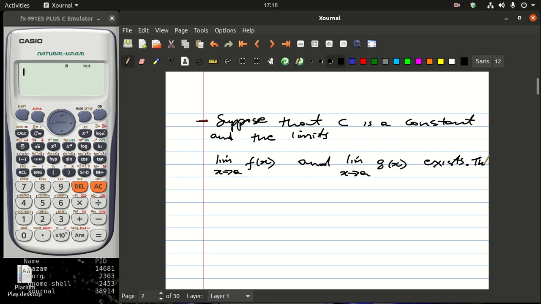Right, then this is what's going to happen. We have our rule 2 here. If this one exists and that one exists, this is what we actually mean by rule 2.